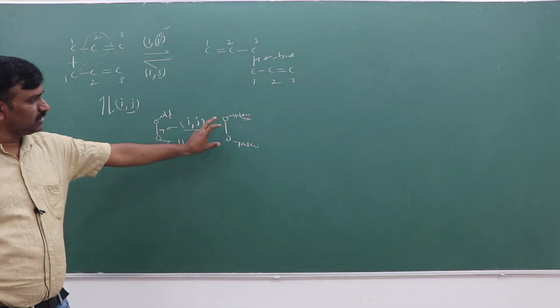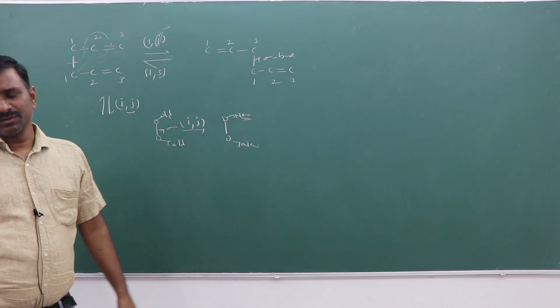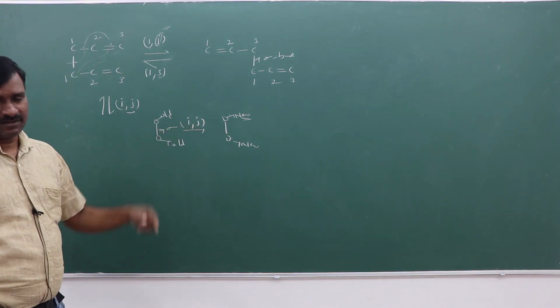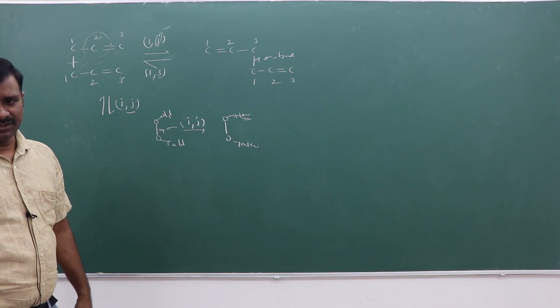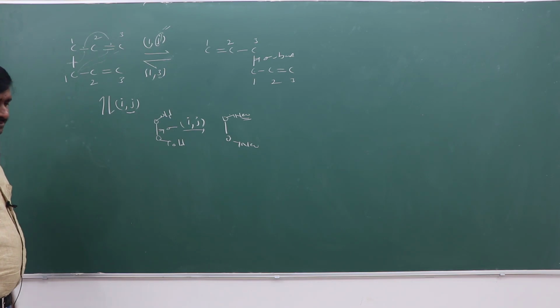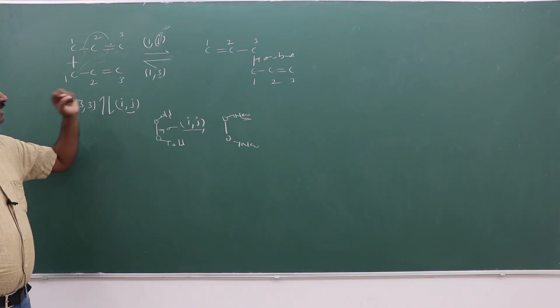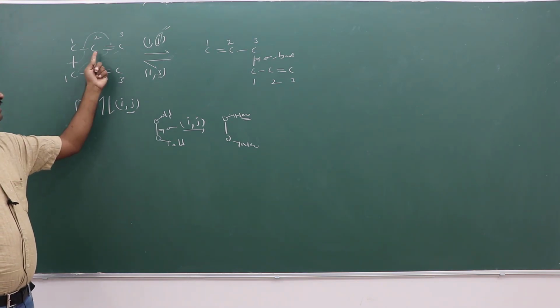That means i and j are both new positions. So here it is a 3,3 shift with new positions, not 1,1. That means odd-numbered positions are the terminal positions, not these two.